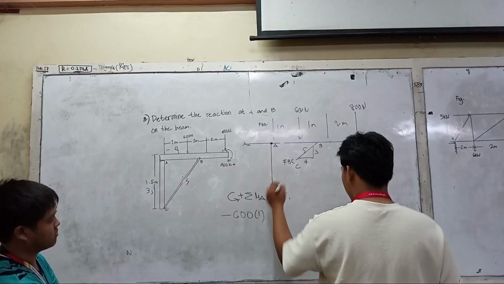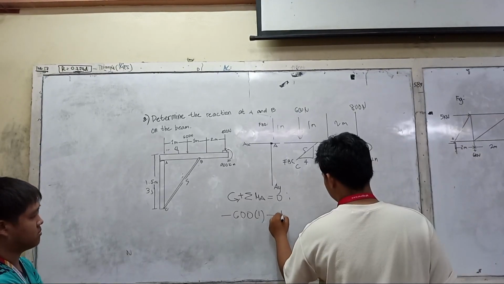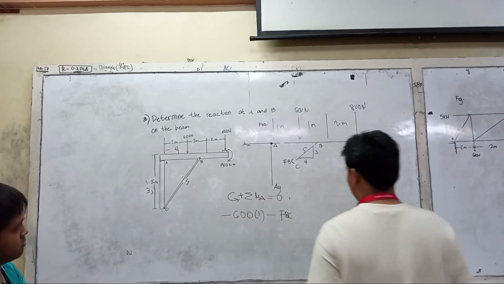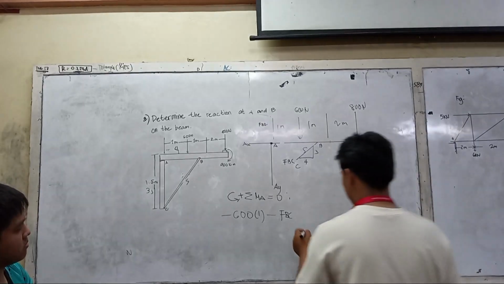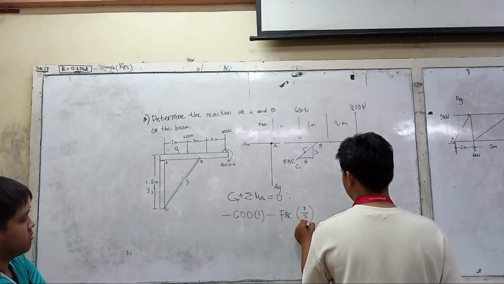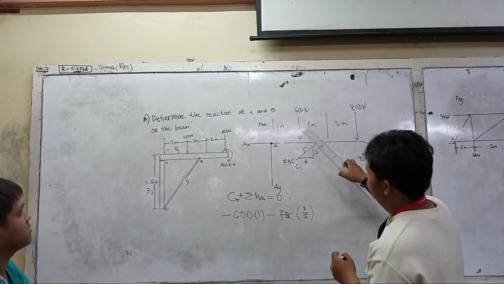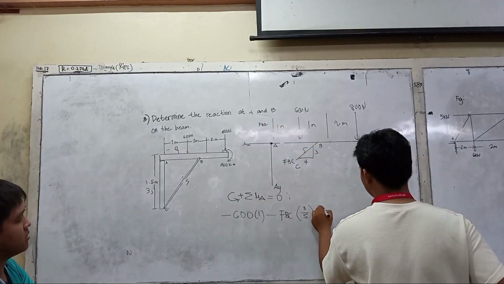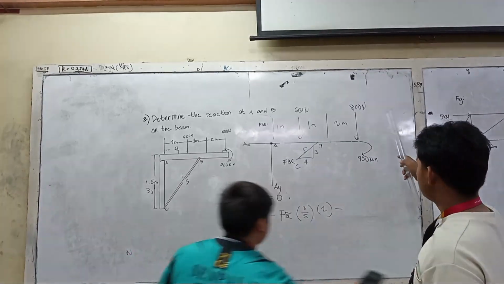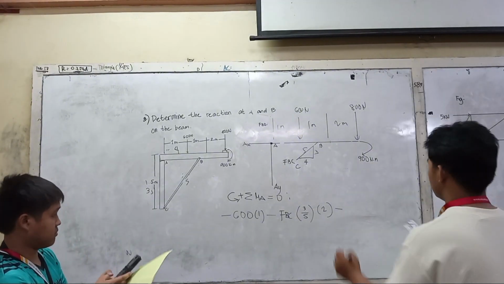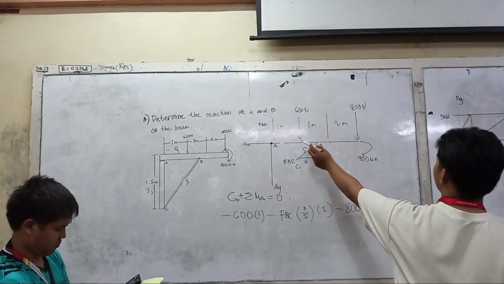Then we have the same negative FBC, and we're going to use the 3 over 5, so 3 over 5 times 2, because you add this, times 2, minus the 800 newton times 4.